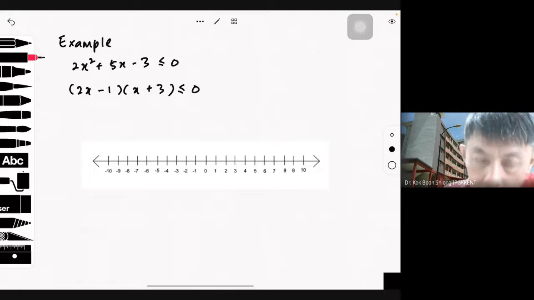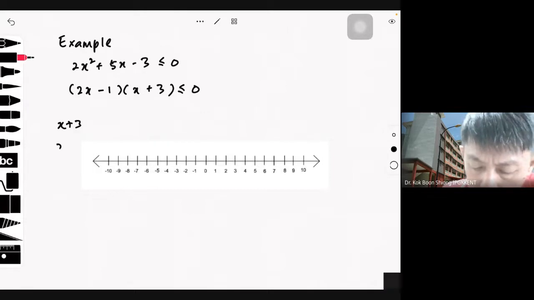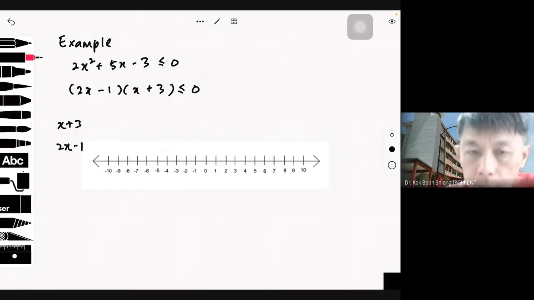So the first one could be x plus 3 and 2x minus 1.